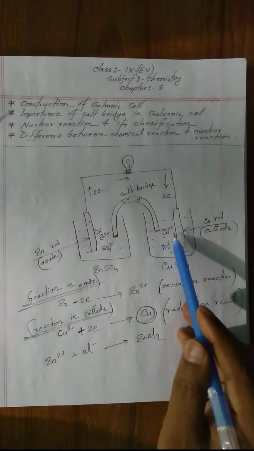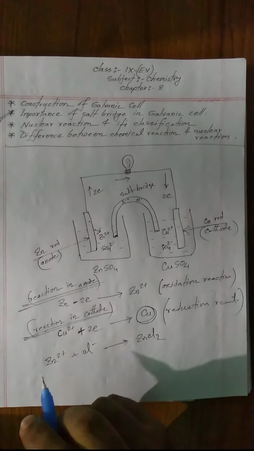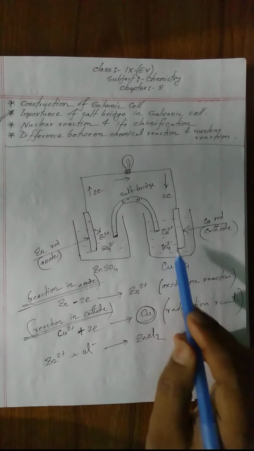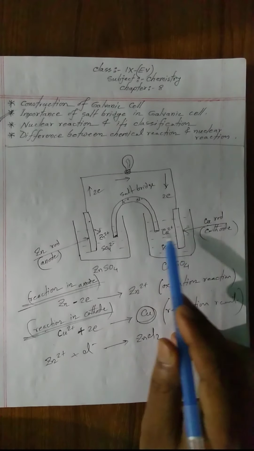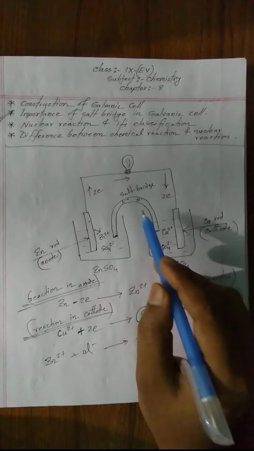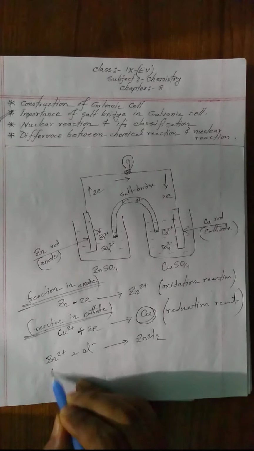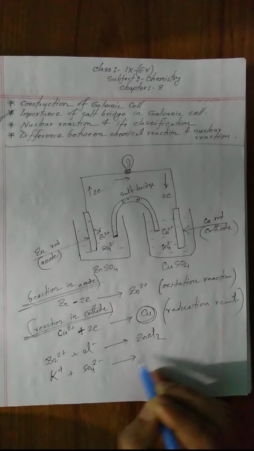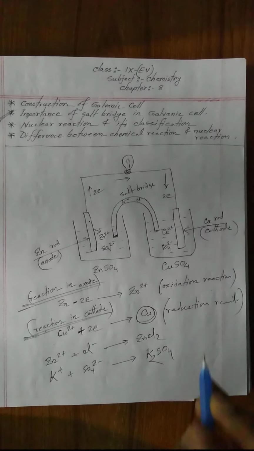Then the sulfate ion will be in an imbalanced state, that means the amount of sulfate ion will increase. So to neutralize the excess ion, potassium ion comes to this solution and combines with sulfate and forms potassium sulfate.